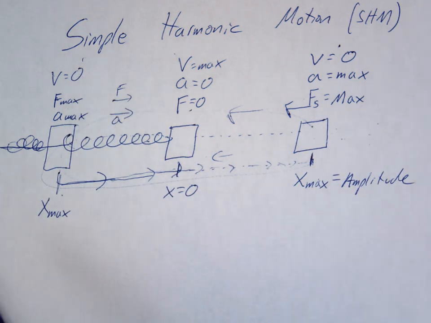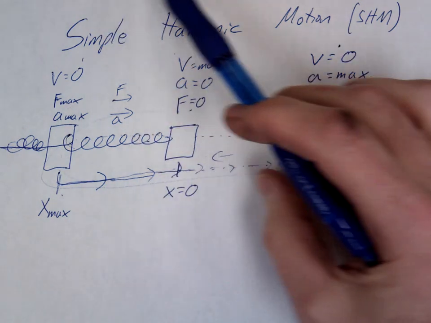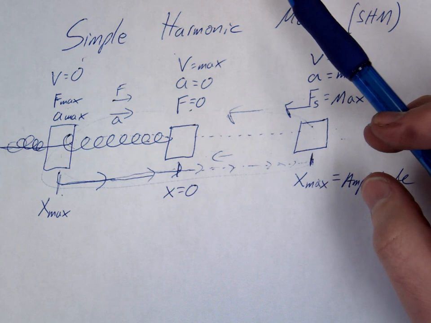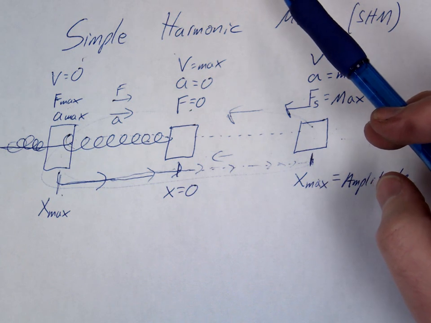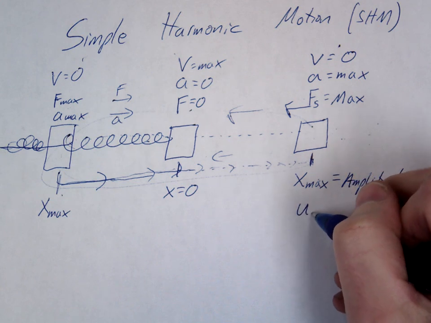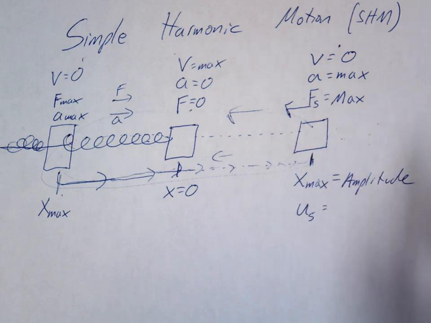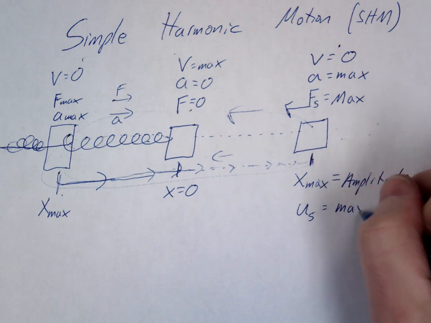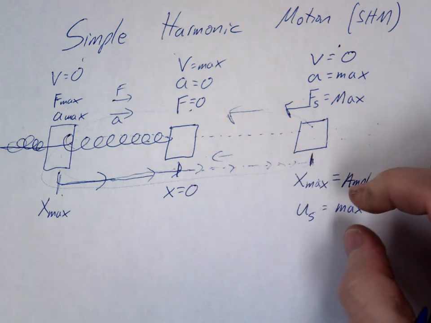Let's look at the energy, what's going on with the energy. When I pull it back here, what kind of energy have I now given to it? Spring potential. It now has some spring potential at this point. Would you consider this a max or a min spring potential? A maximum. So it has its maximum at the amplitude point, at the maximum x. Right?